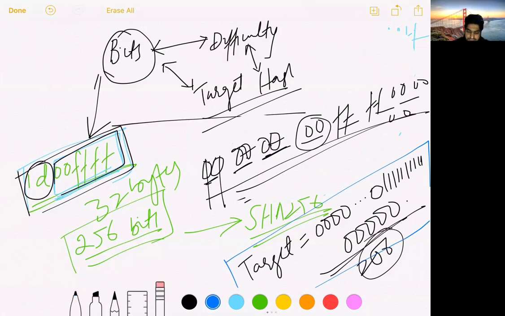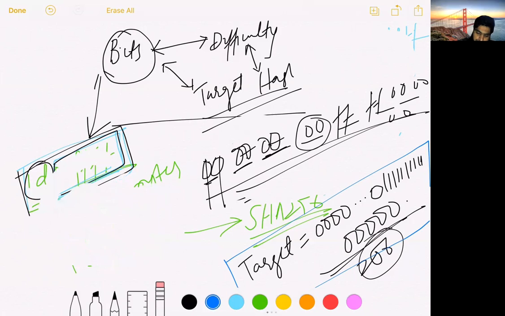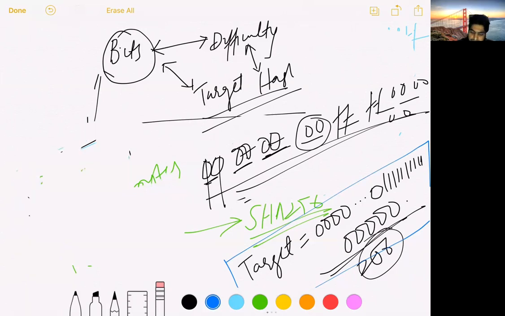Understanding about difficulty: we have seen how the target hash was obtained.